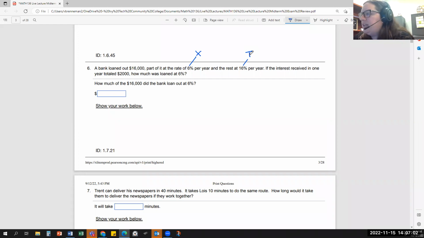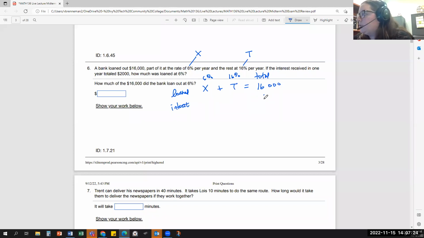So the first thing I know is that those 2 amounts loaned, so I have the 6% and the 16%, and I have the total amount. Those need to add up to 16,000. Then I have the interest.